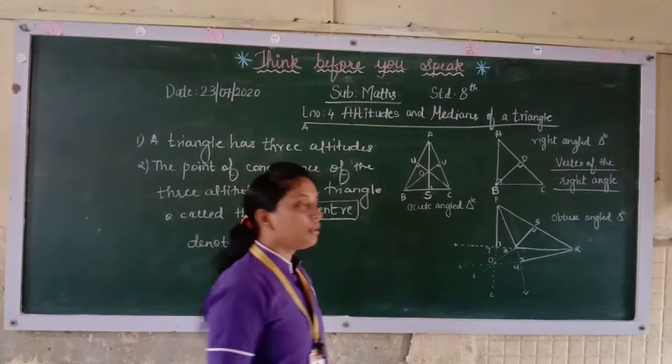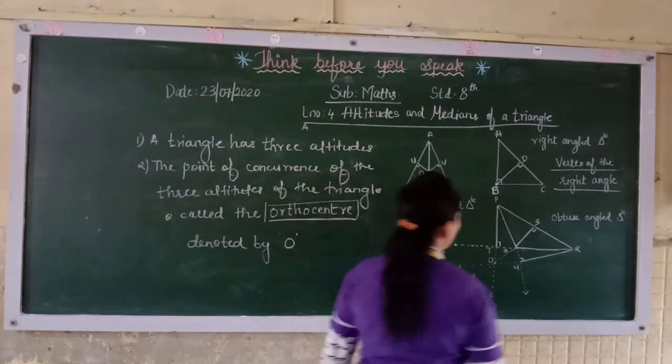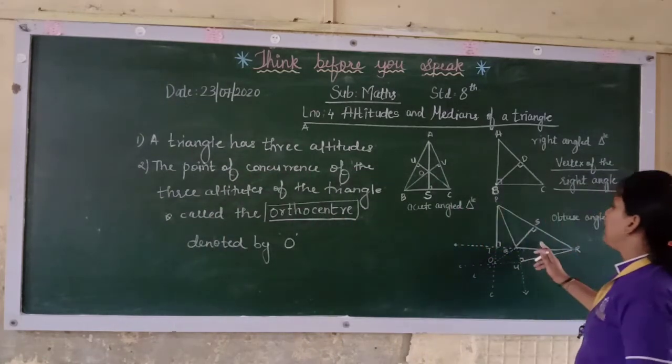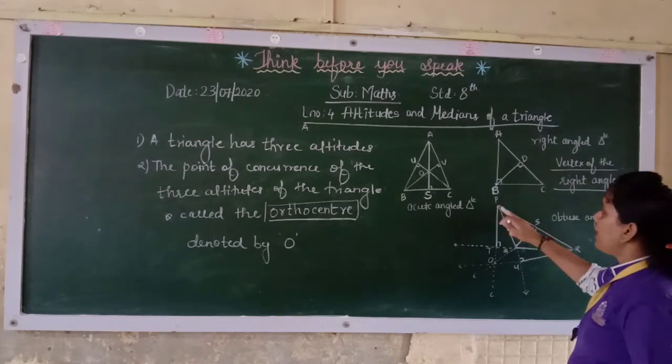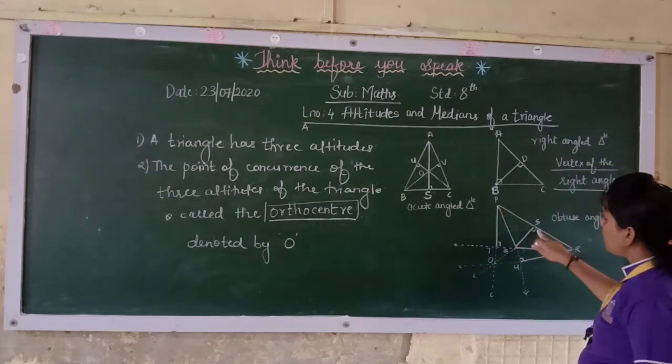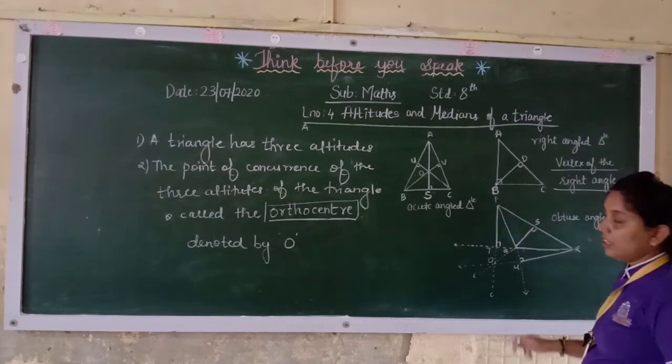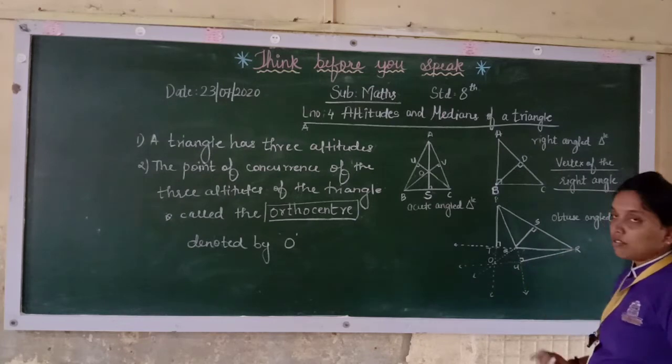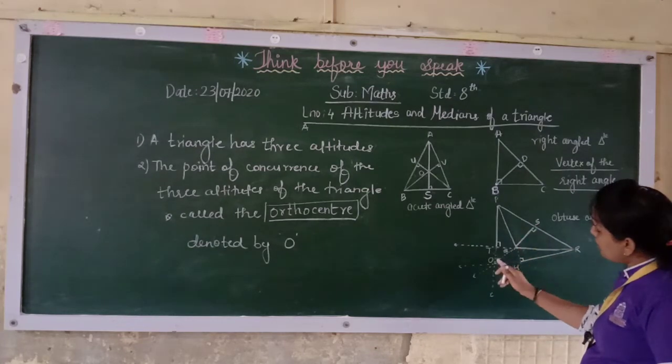Now if you see obtuse angle triangle, from this opposite vertex you can draw on this side. From here you can't draw inside, so you will draw it outside. From here also you will draw it outside. So see where all these three are meeting.